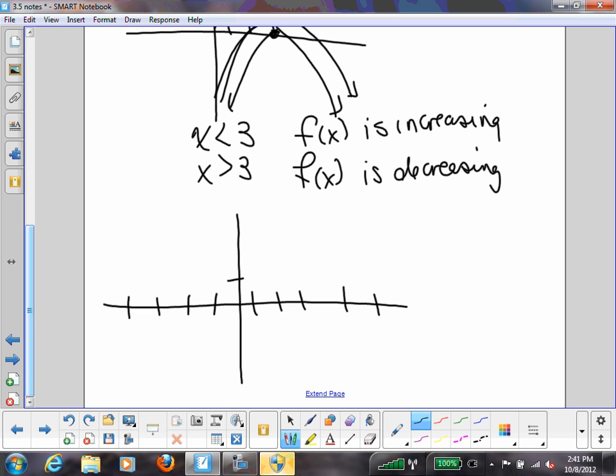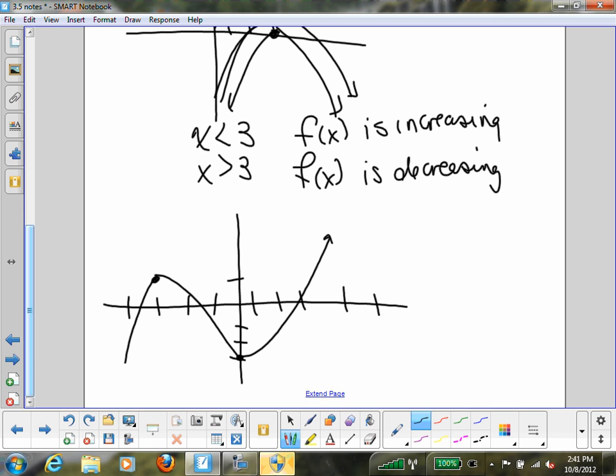Put a dot at 1, 2, 3, negative 3, 1, and let's see, I'm going to do this, and do this. For some reason every year this is difficult for you guys to see, and so I'm trying to give you more examples of this.